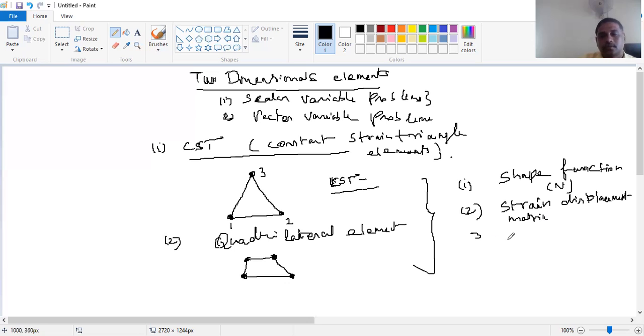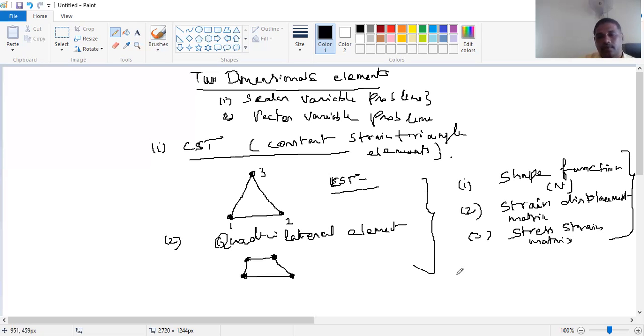And the third one is the stress strain matrix. These are the 3 important parameters we require for deriving the stiffness matrix for any kind of element.